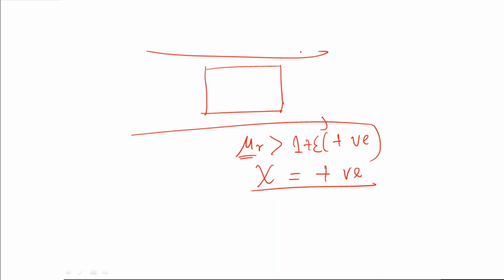That means if you have a paramagnetic material which you are placing in a place where there is a uniform magnetic field, what will happen? Suppose there is a magnetic field here.